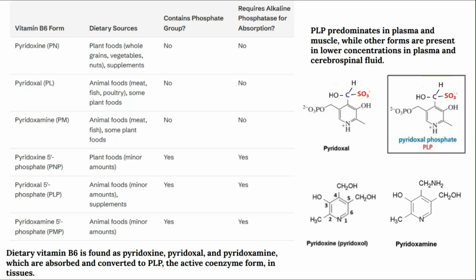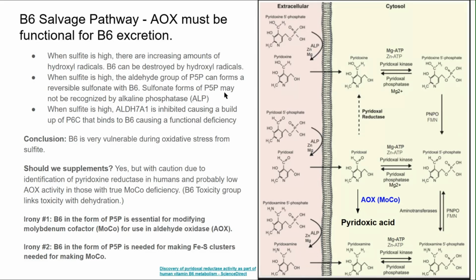And that's when the sulfite can interact with the B6. And at that point, alkaline phosphatase in the peripheral tissues may not be able to take up that form of B6, or might not recognize it as well. So that's a possibility. So we do have a B6 salvage pathway, like I was saying, and that makes it a very crucial vitamin.